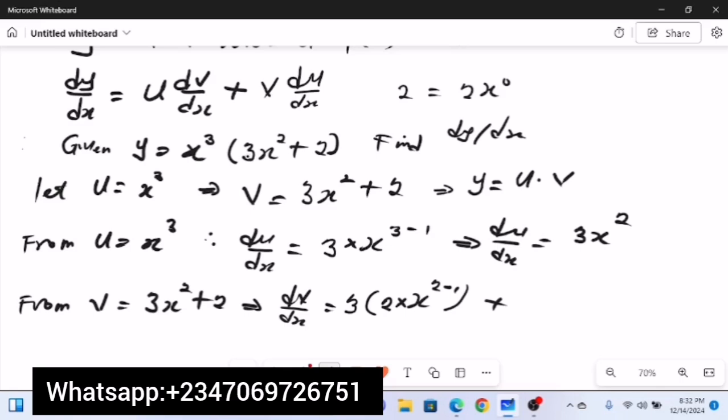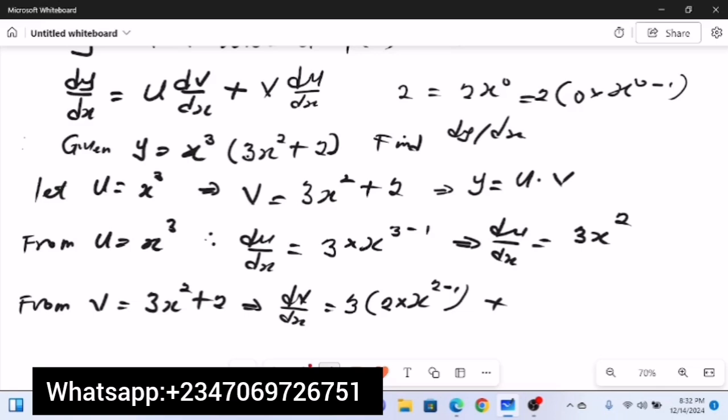So if I'm going to be differentiating 2, this is what happens. I'll have 2 multiplied by, remember, you use the power of the variable to multiply the variable. So x is now to the power of 0, therefore I will have 0 times x, then subtract 1 from the power, 0 minus 1. Now if you do this, you notice that 0 times x is 0, 0 times 2 is 0.